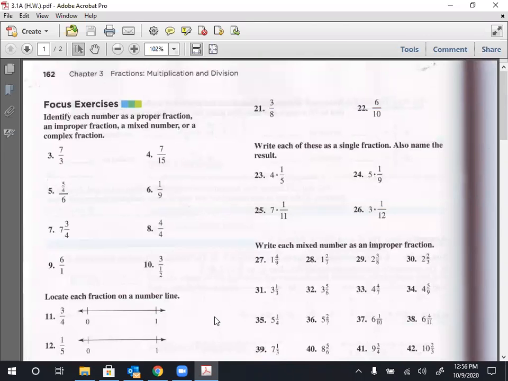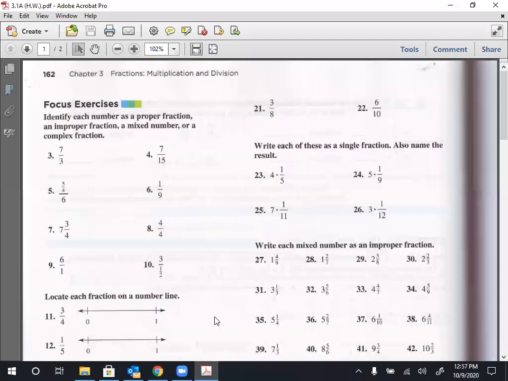Okay, whole number and a unit fraction. Let's do, for example, 21. We're going to write each fraction as the product of a whole number and a unit fraction.